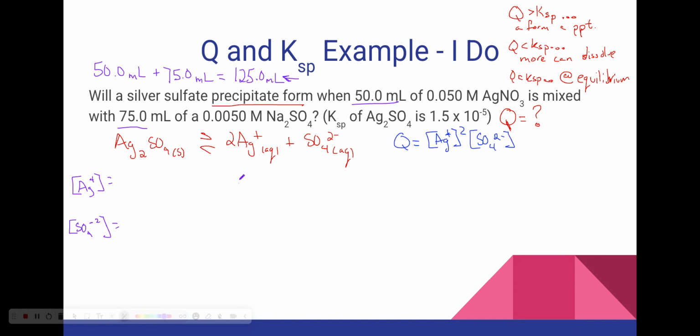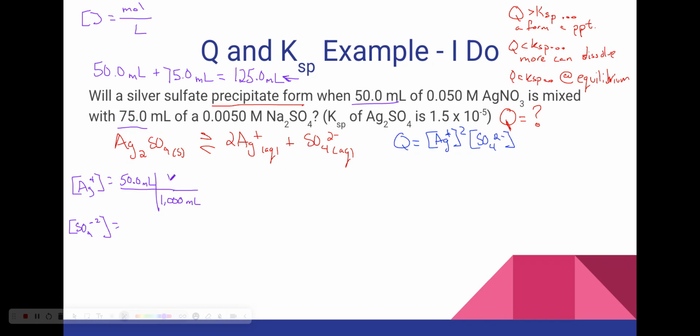So how do we do that? Well, just remember that concentration is moles per liter. So I have to find the moles of silver and the moles of sulfate, and then divide by 125 milliliters, which is 0.125 liters. That's ultimately what we're going to do here. Looking at our first solution, in order to find the concentration of silver ion, we've got 50 mL, and I have to convert milliliters into liters, so I'm going to divide by 1,000.